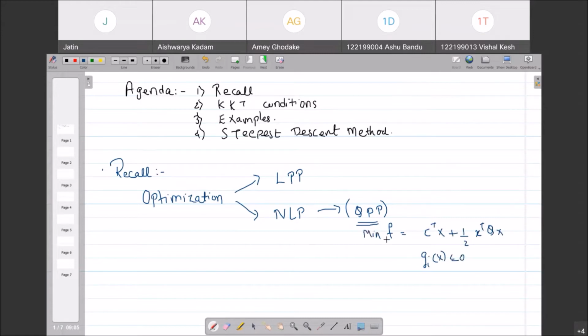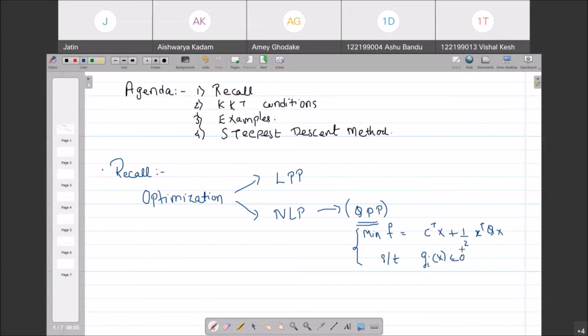I'm talking about minima; we have always restricted our case to minima, and the same theory goes for maxima as well. So such a problem is called a QPP: the gi's are linear and f has degree 2.